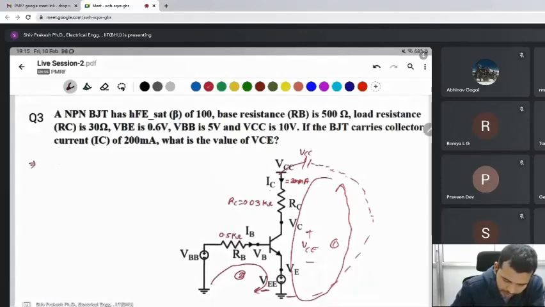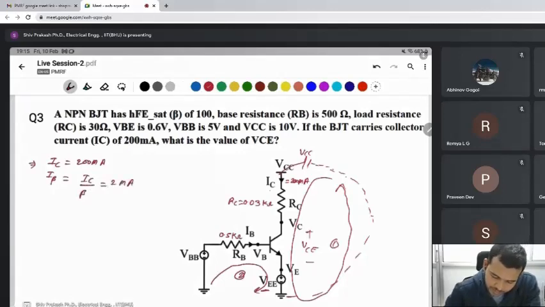Same thing applies. IC is given 200 milliampere. Then IB is equal to IC divided by beta, 2 milliampere. This voltage 0.6 volt is given as VBE.